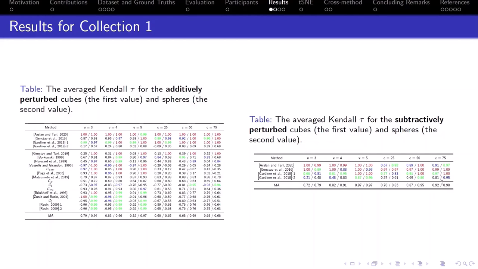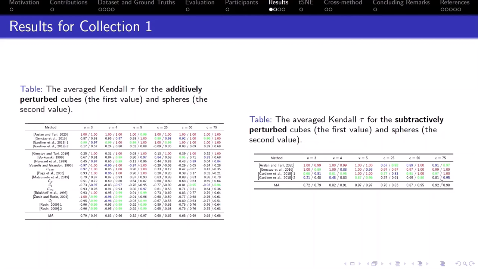In the tables here and in the following tables, the higher scores are usually better, and we have marked the best performers in red, followed by green and blue for the second and third best performers.